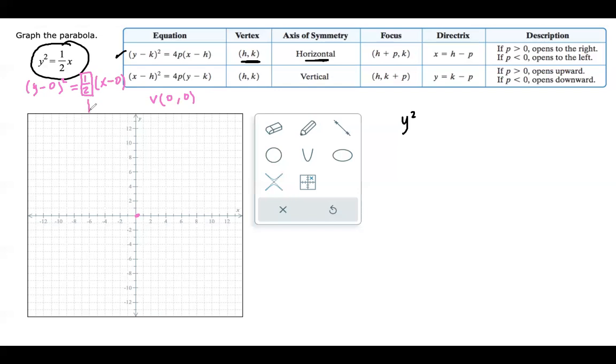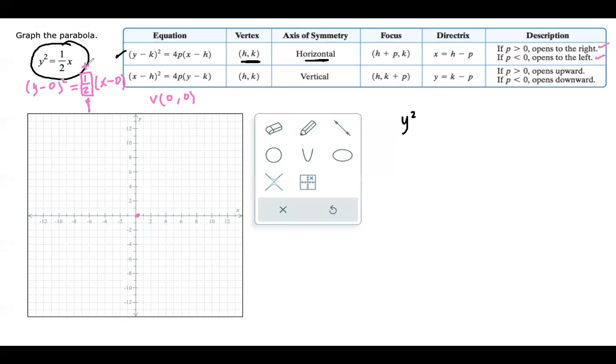But this value right here is going to tell us the way this parabola is going to be opening. In this case, because we already know that it is horizontal, we have two options. It opens to the right or to the left. If this value, the 1/2, is positive, it will open to the right. If the value is negative, it'll open to the left.